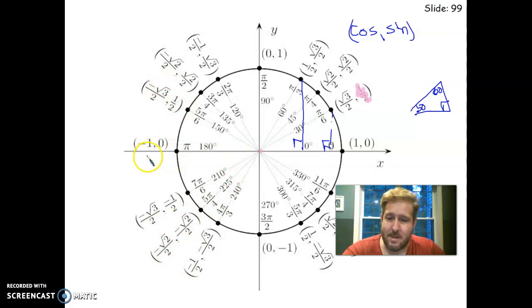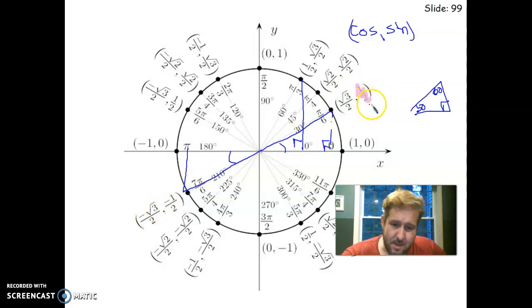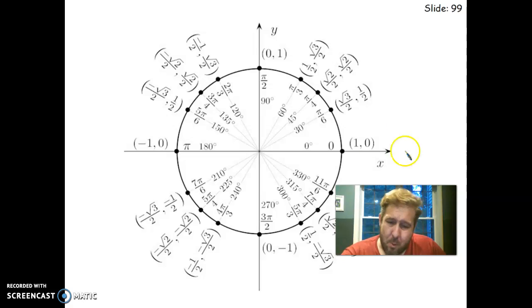This 30-degree reference angle is going to be the exact same as this 30-degree reference angle, so it's got the exact same answers. The only difference is it's negative instead of positive because of the quadrant that it is in. I know that was a really quick way of doing it, but those are some of the important basics.